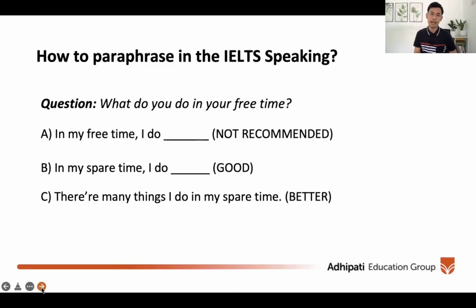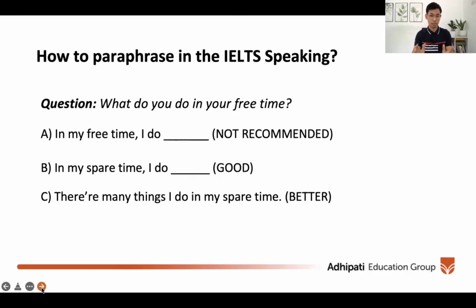So approach 1, 2, 3. In IELTS speaking, or even in TOEFL or Duolingo, if you are asked a question like, what do you do in your free time? there are different ways that you can answer that question. One of the ways can be like my number A: in my free time, I do this or I do that. Nothing is wrong, it is grammatically sound and correct.